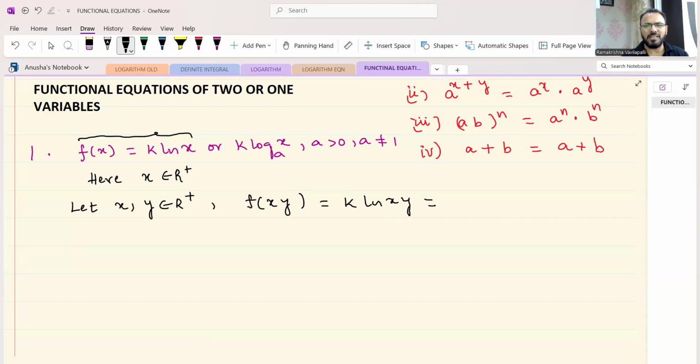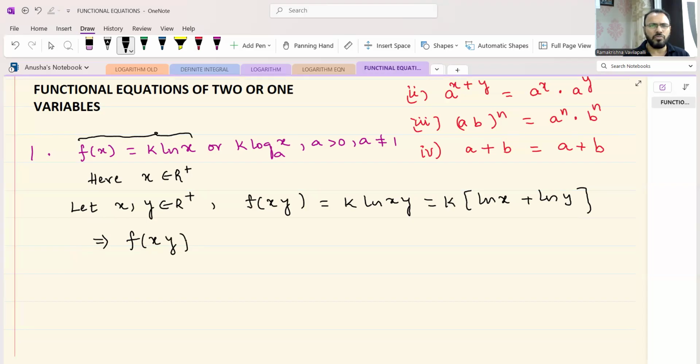Now we know that ln xy can be written as ln x plus ln y. So k times (ln x plus ln y).